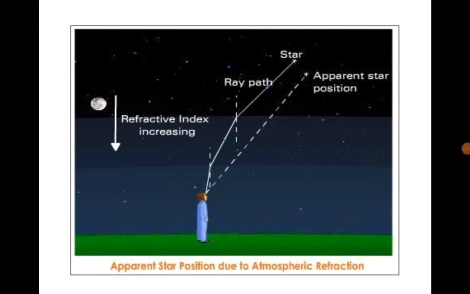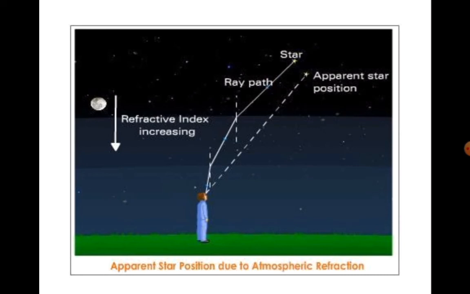There is another question that arises. Why do planets not twinkle? You can see that the distance between the planet and the earth is less as compared to the star, because stars are far from us and planets are very close to us. Planets can be considered as an extended source, or a collection of a large number of point sources of light. Their apparent position also changes due to the variation in optical density of different layers of the atmosphere.